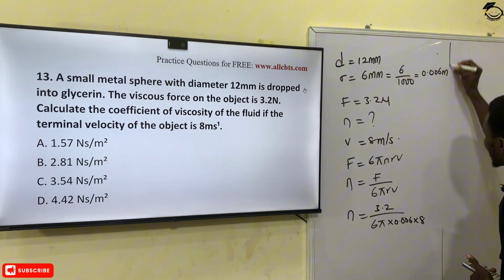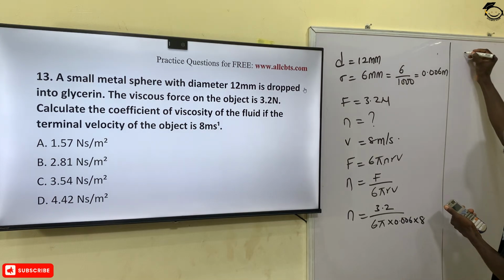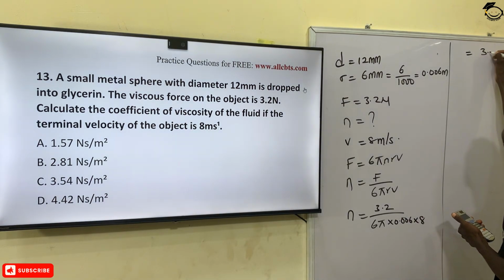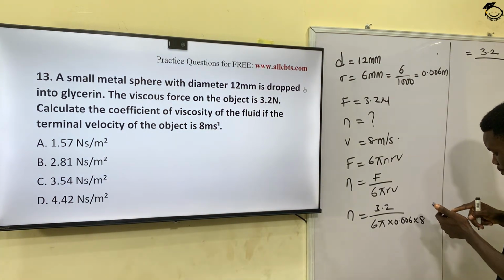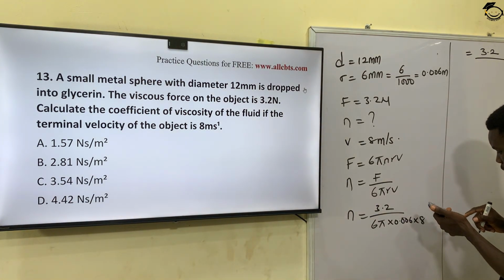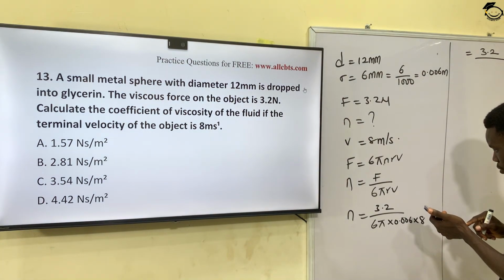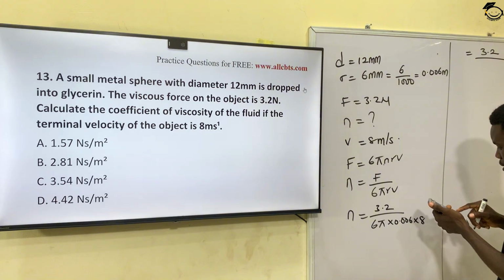So I have 3.2 divided by 6 pi times 0.006 times 8.